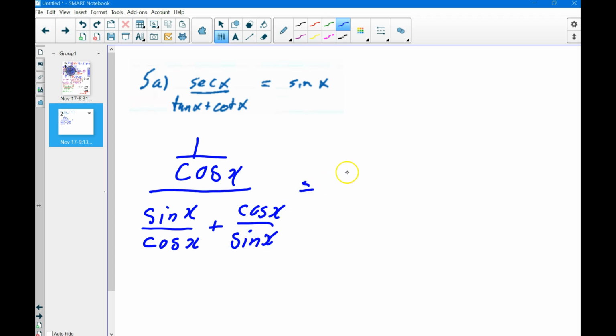And that's going to equal sine x. No way will that equal sine x.